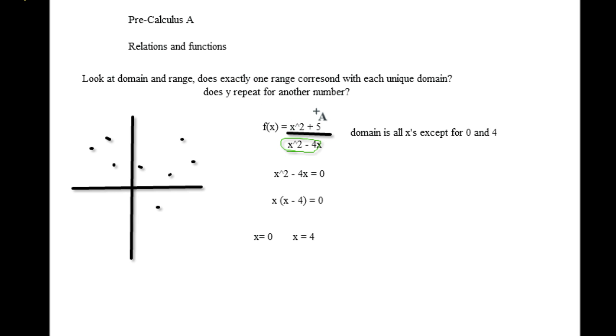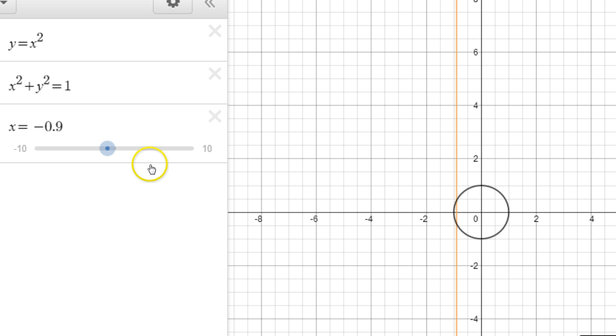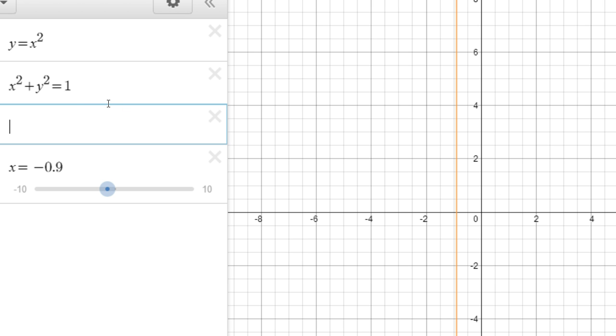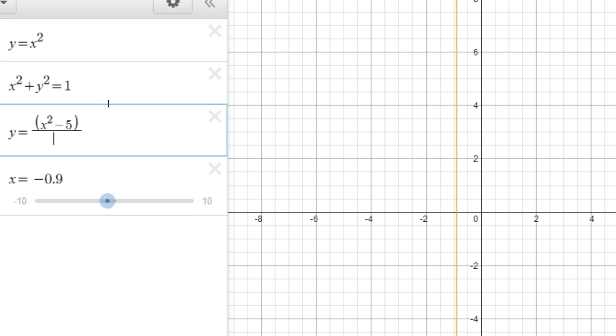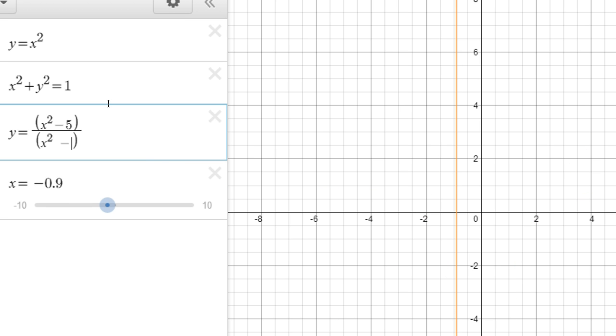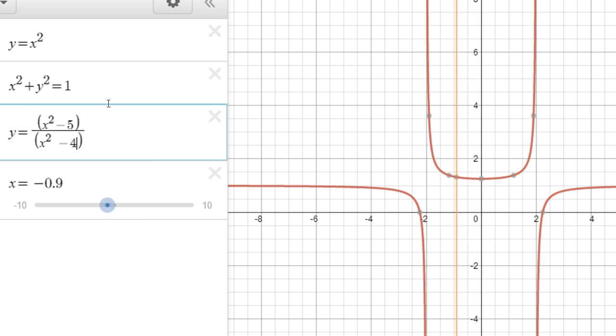Obviously this is a function because if you graph it, it's going to turn out really nice and pass the vertical line test, but you're not going to be able to see some of those exceptions. Now, if we use Desmos and actually see it, y equals x squared minus 5, divided by x squared minus 4x.